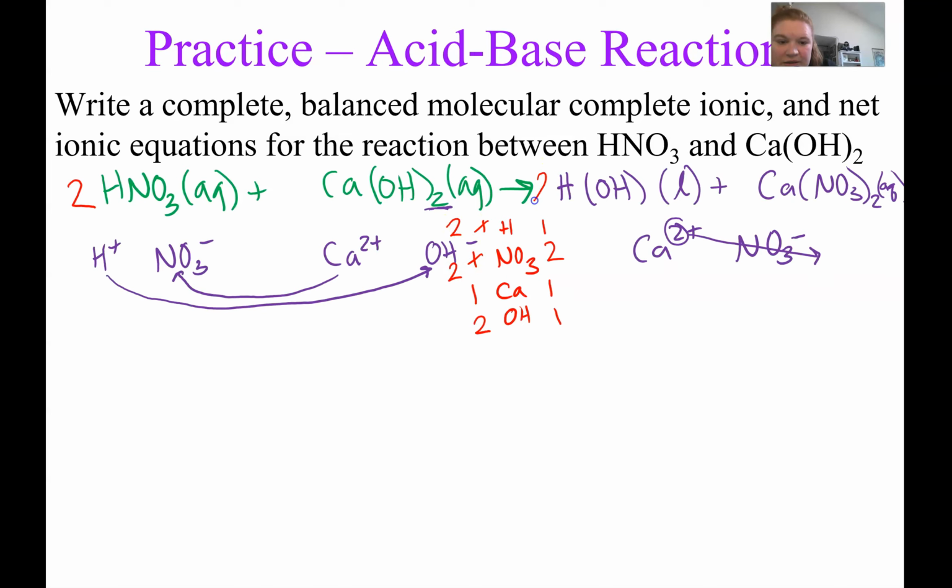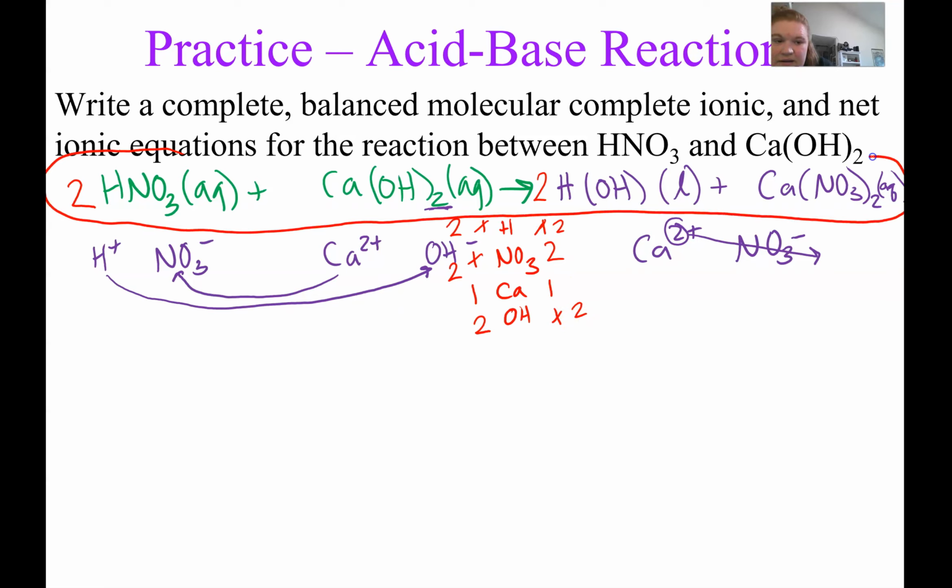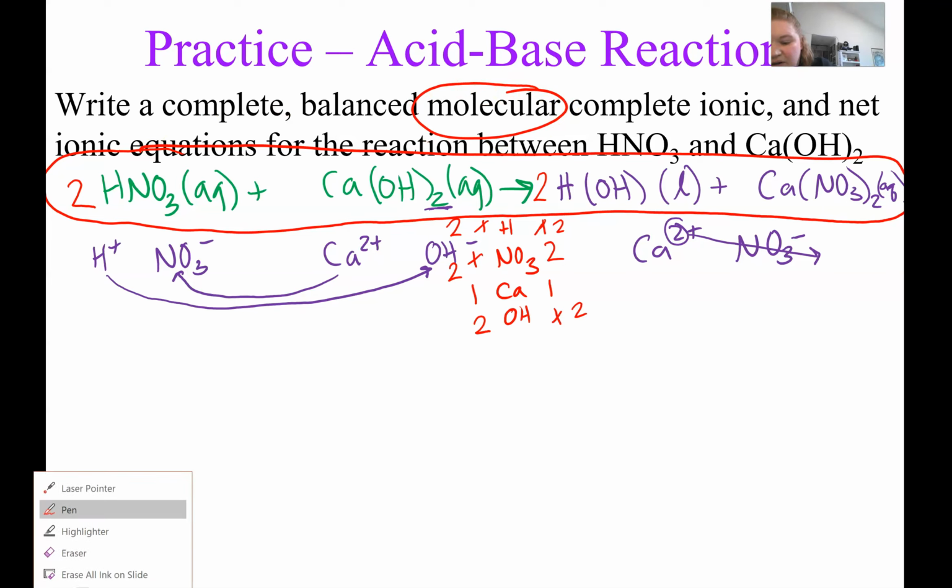So I'm going to put a 2 right there. So now I have my 2 hydrogens and my 2 hydroxides. So there we go. This is my molecular equation.